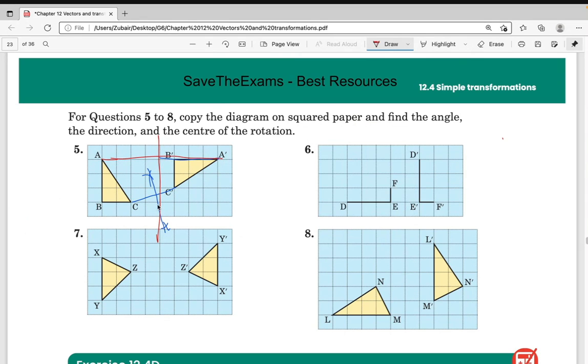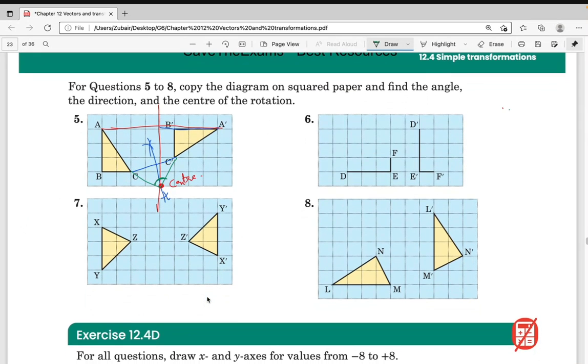Where these two perpendicular bisectors meet, that is the center. Getting it, Haris? Yes, sir. So this is the center. Once I get the center, now I can check what the angle is. I will join any two corresponding points with this and see what this angle is. This is 90 degrees clockwise.